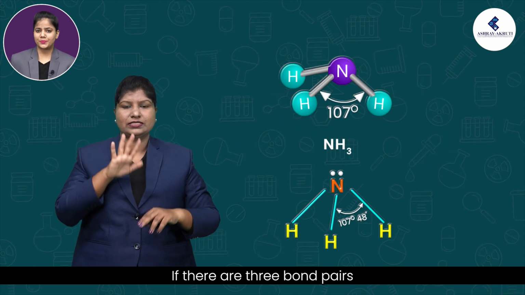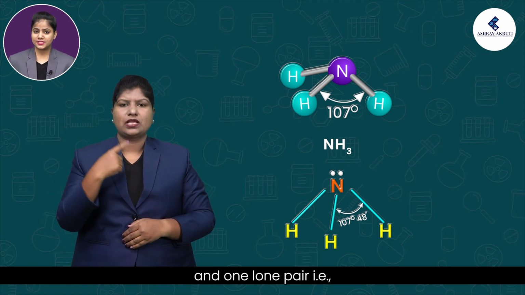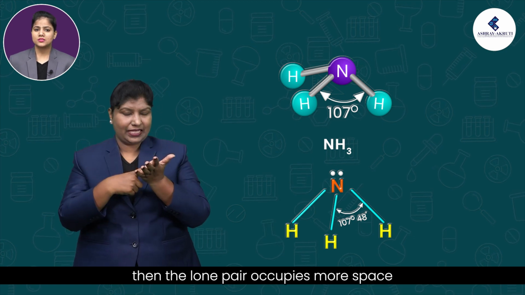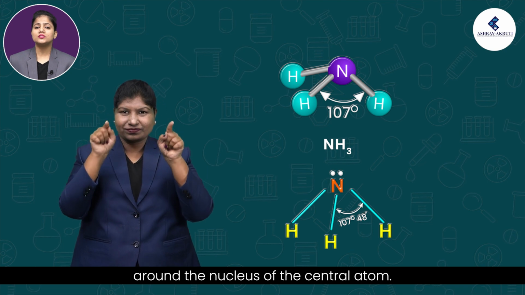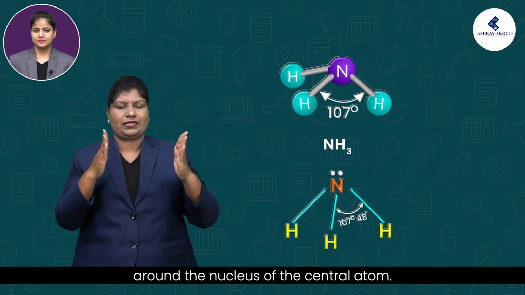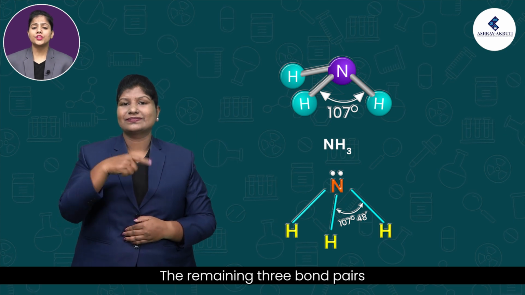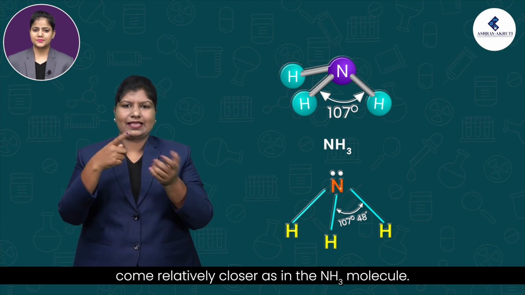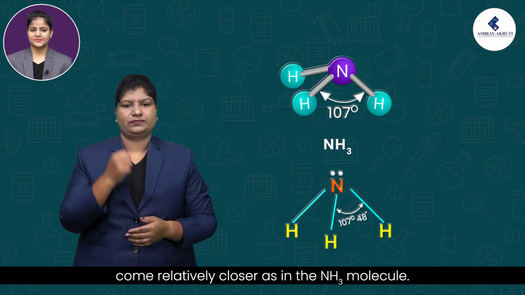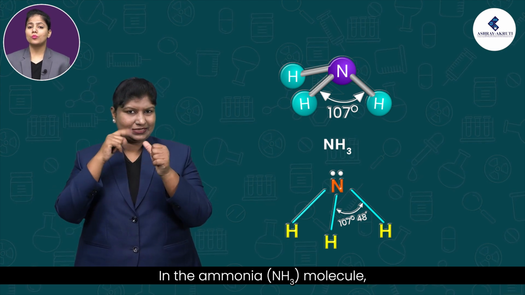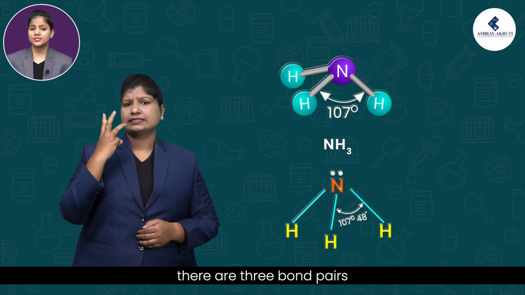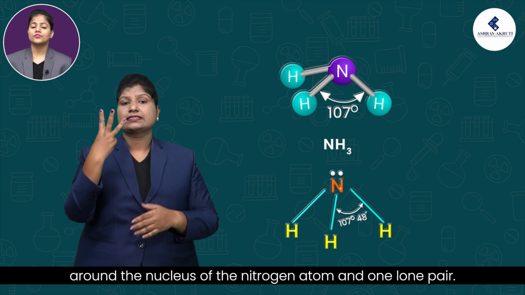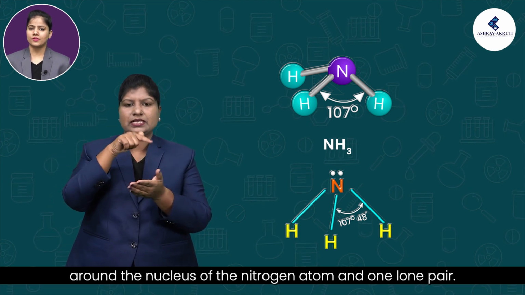If there are 3 bond pairs and 1 lone pair, that is, an unshared electron pair, then the lone pair occupies more space around the nucleus of the central atom. The remaining 3 bond pairs come relatively closer, as in the NH3 molecule. In the ammonia NH3 molecule, there are 3 bond pairs in covalent bonds, 3 N-H, around the nucleus of the nitrogen atom and 1 lone pair.